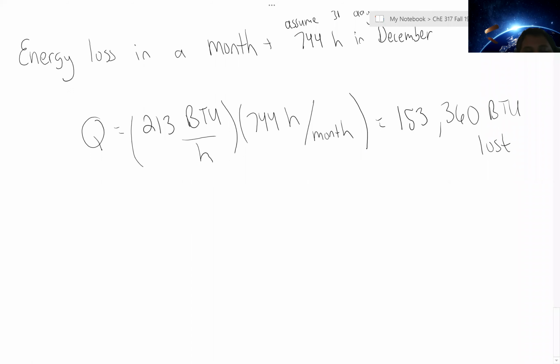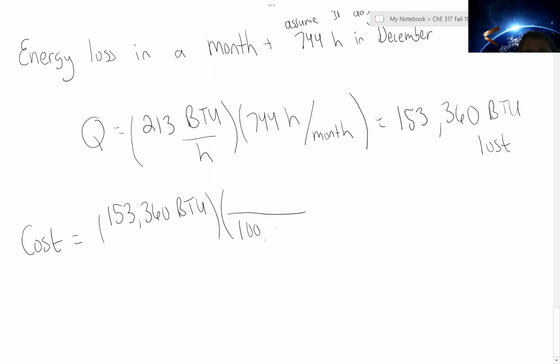So if I want to solve for the cost, I know I've lost 153,360 BTUs. I know I have 100,000 BTUs in 1 therm. And I know 1 therm is outputted by 1 CCF of natural gas.